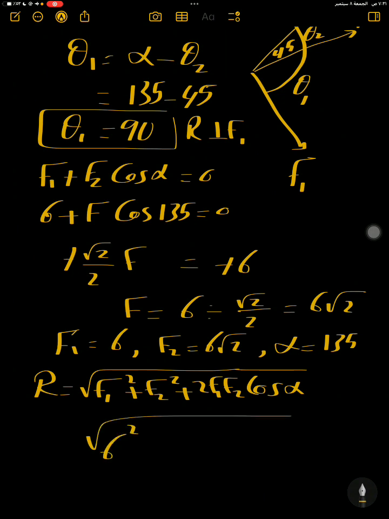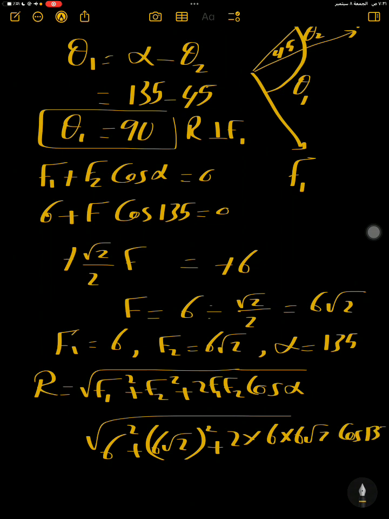F1 6 power 2, F2 6 root 2 all power 2 plus 2 times 6 times 6 root 2 cosine 135. The final answer is 6 Newton.